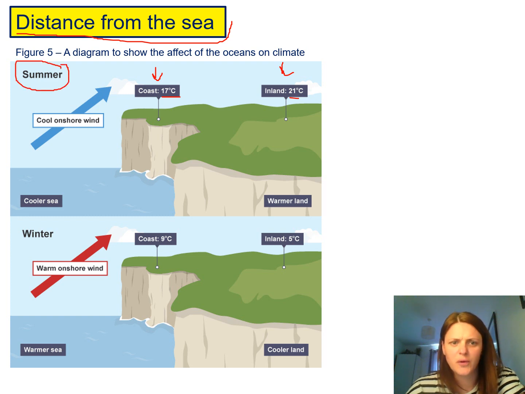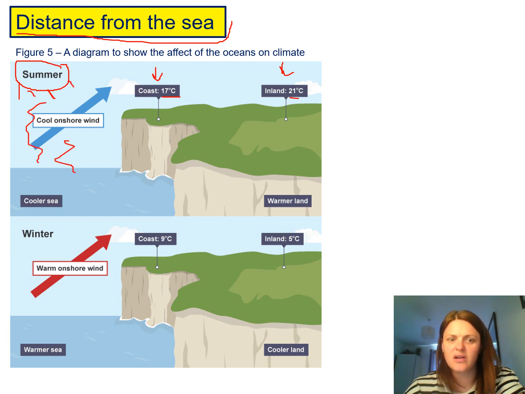Now, what is the reason for those areas being different temperatures? Well, land and sea heat up at different rates. The sea gets warmer a lot slower than the land does, and the other way around, it also gets cooler a lot slower than the land does. So during the summer, you've got cooler sea, and the sun is shining down and heating up the water.